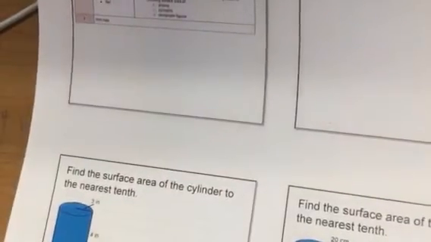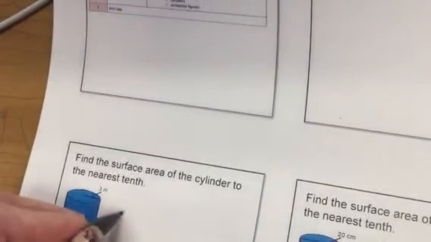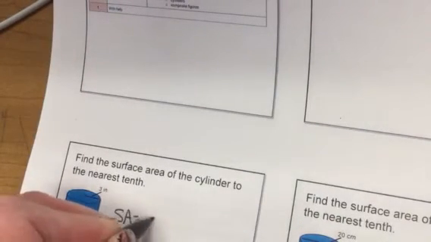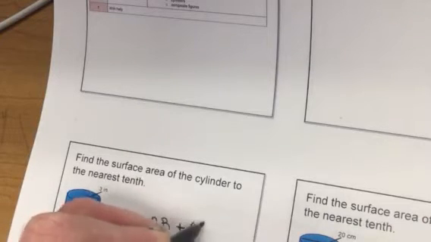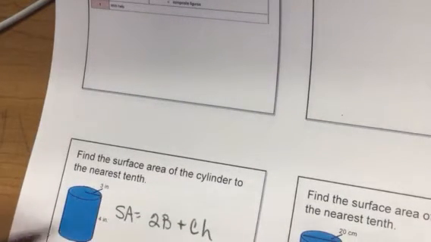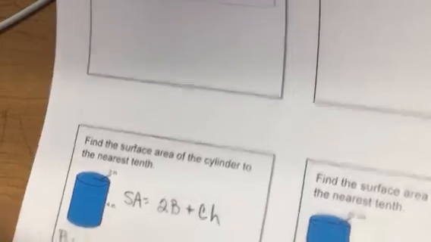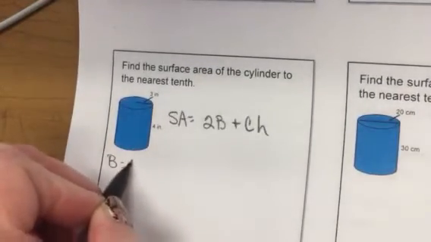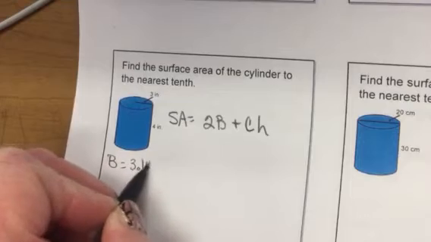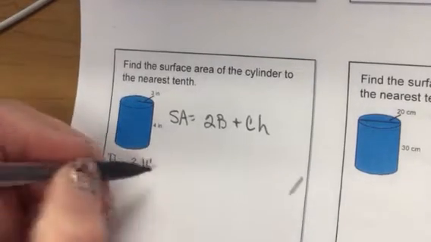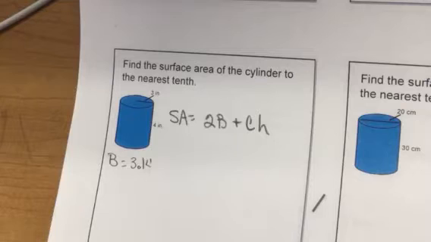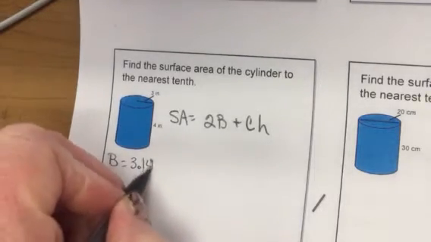Here we go. Find the surface area of that cylinder. 2B plus CH. Off to the side, capital B equals pi r squared, 3.14 times my radius of 3 squared.